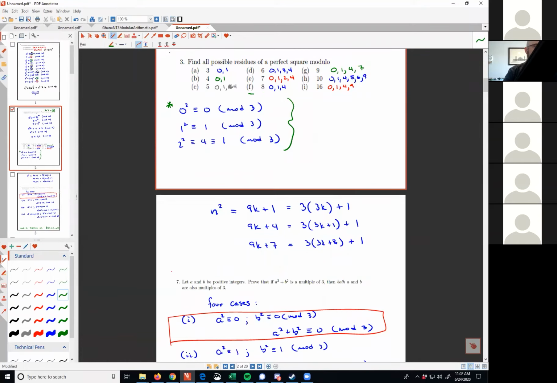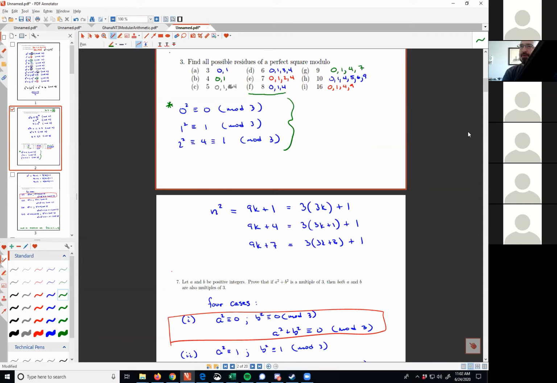The perfect squares, they had residues that were 1, 4, 0. Right. And those are the units digits in base 8, aren't they? Yeah. So what about in base 7?